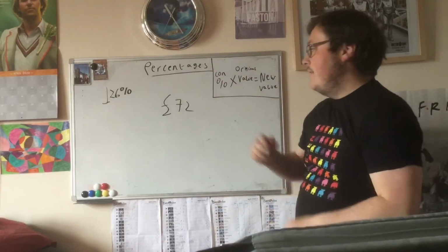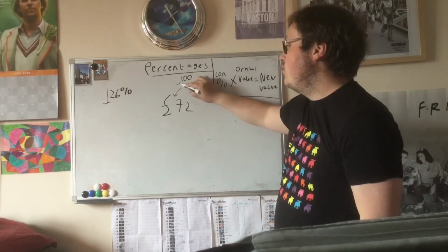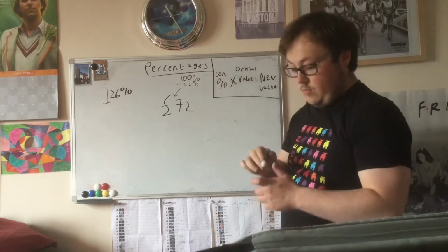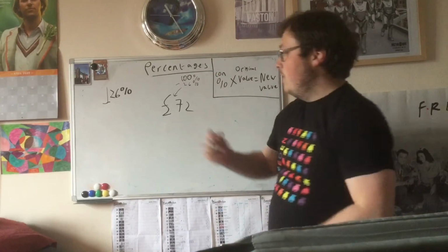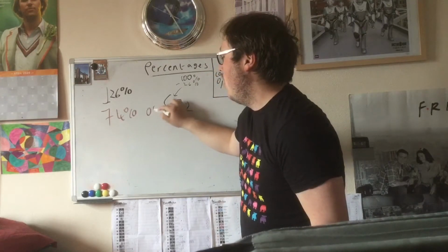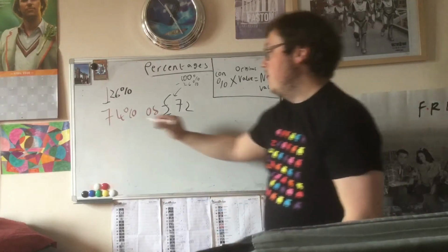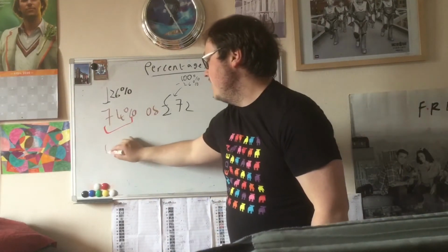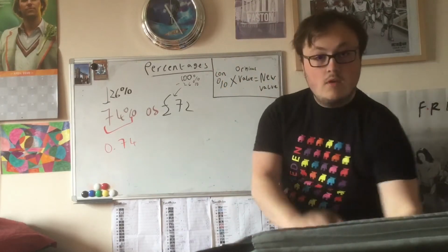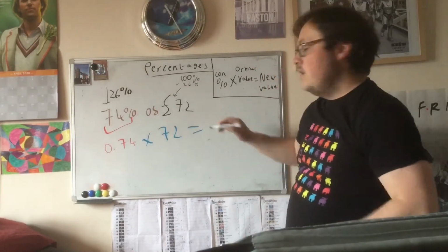So, if this was 100%, and we're decreasing by 26%, that means we're looking for 74% of £72. So step 1, convert your percentage into a decimal. And step 2, you multiply it by the original value.